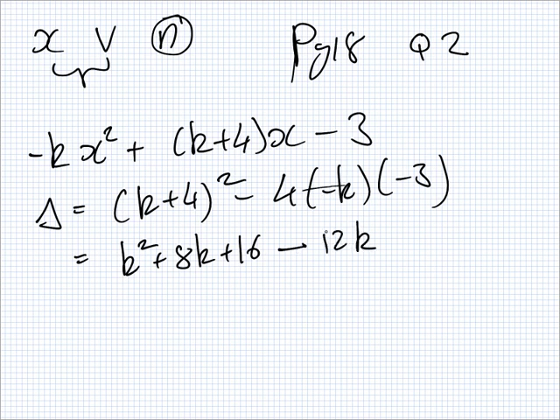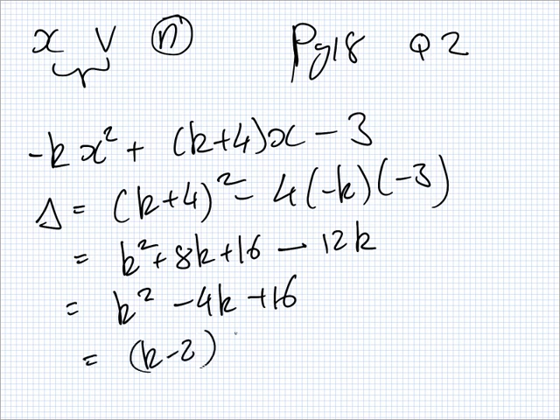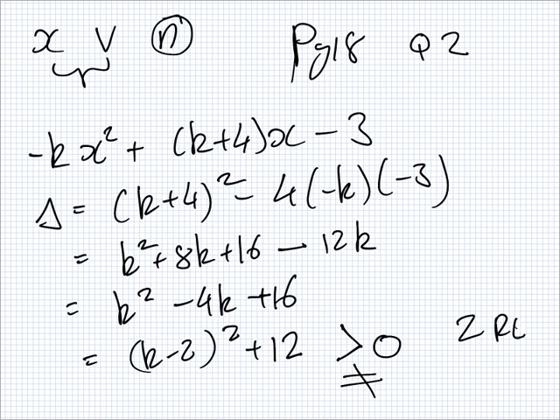Triple minus. That's equal to k squared minus 4k plus 16. That is equal to (k minus 2) squared plus 12. This is always positive, never equal to 0, so it has two real roots. That is x. We shall do b now.